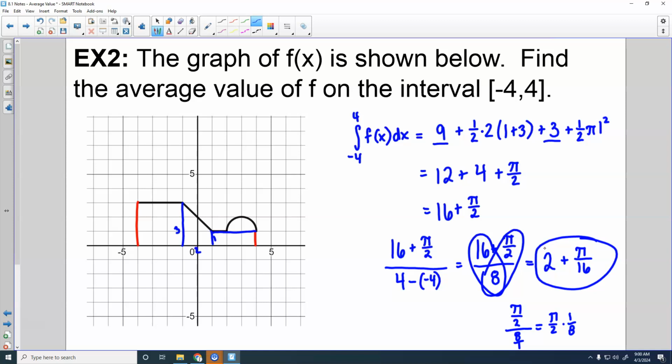And if we take the calculator real quick and do 2 plus pi over 16, if we get a decimal for that, it's 2.196.